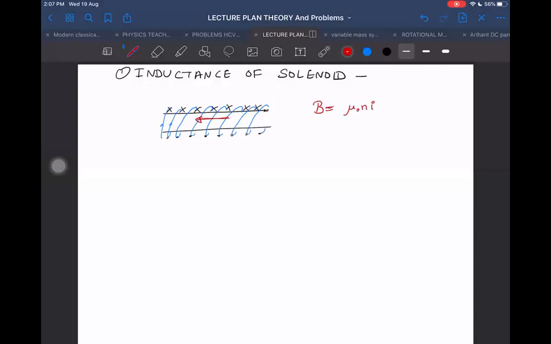Also, what is the flux due to that? Let the radius be R, the length be L, capital N the total number of turns, and small n the number of turns per unit length.